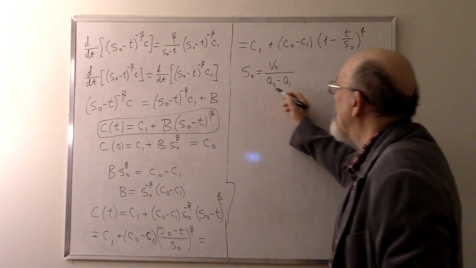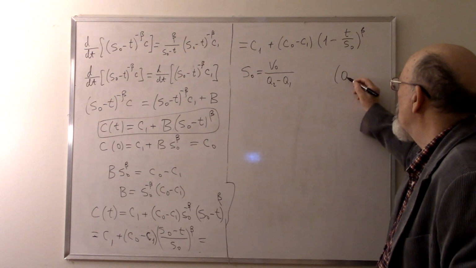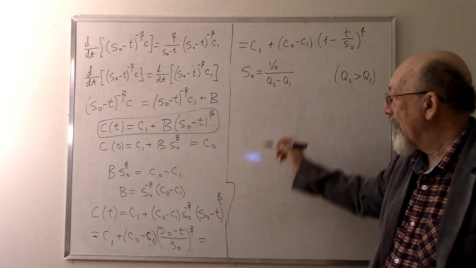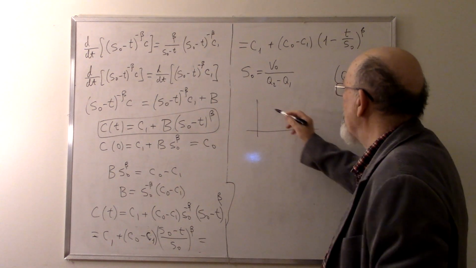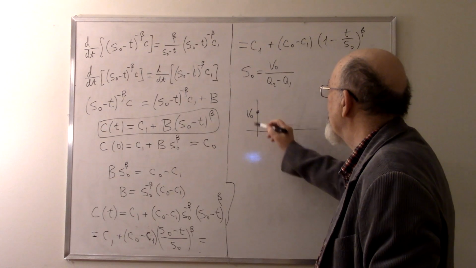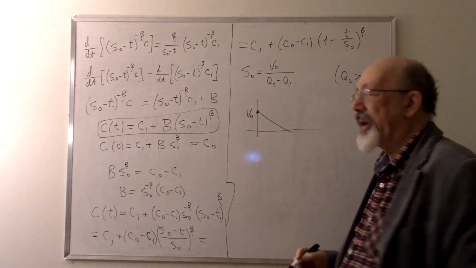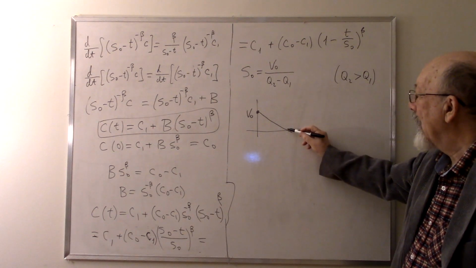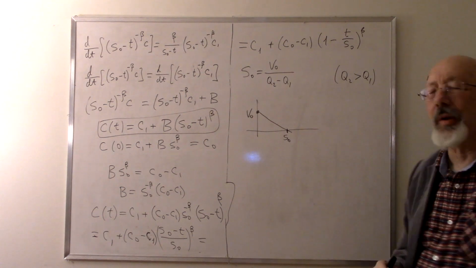So this is the rate of our total outflow. We assume that Q2 is more than Q1. So the volume of water in the tank, V0, was decreasing with the rate Q2 minus Q1, and it becomes 0 exactly at the moment S0.